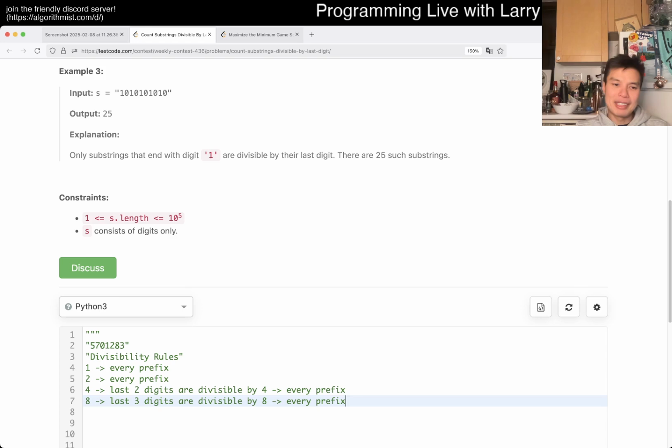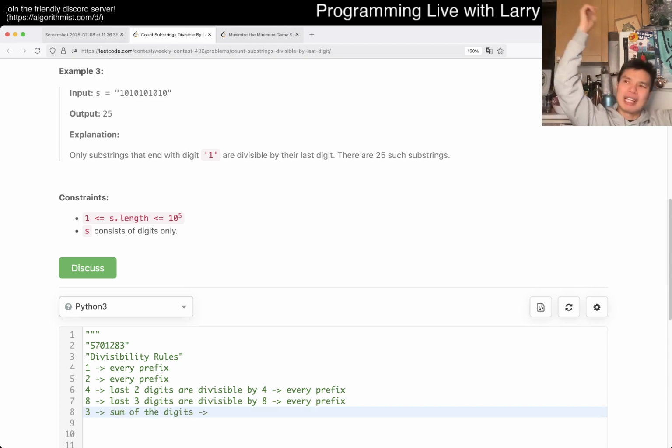And then there are also things like 3, which is the sum of the digits. And here this one maybe is a little bit, I don't know how people did it, but if I had to do it this way, it is a very straightforward DP on the sum of the digits, and then you just count the number of things that are 0, right?